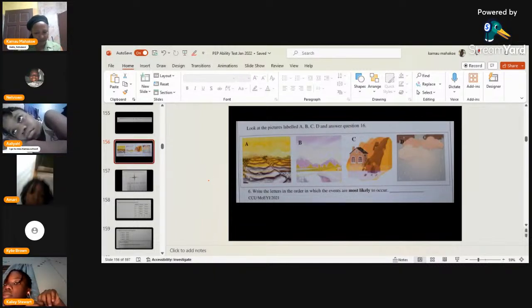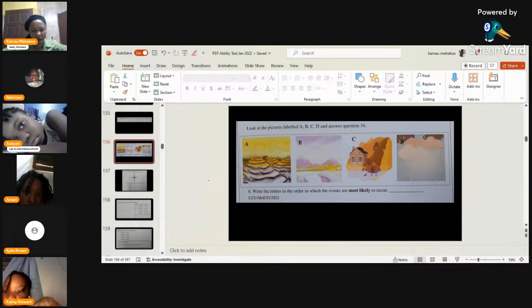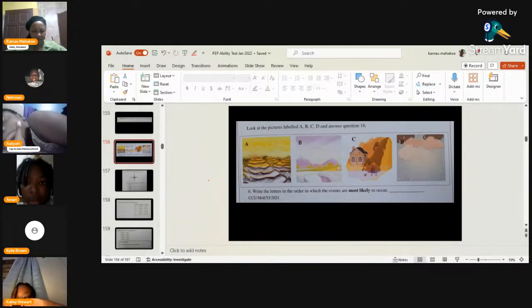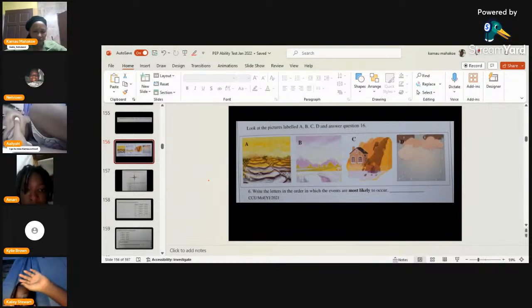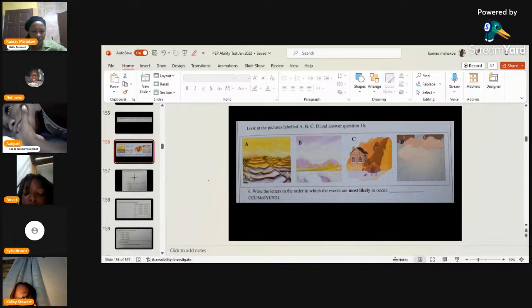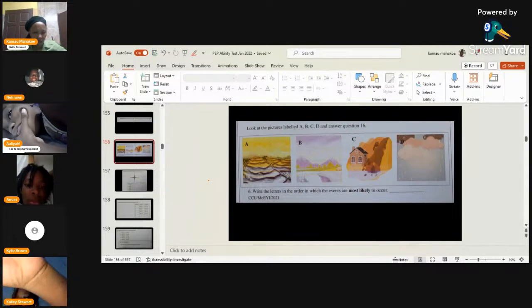Kylie, can you see the screen? Yes, Miss, I can. All right, please read what's on. Look at the pictures labeled A, B, C, D, and answer question 16.